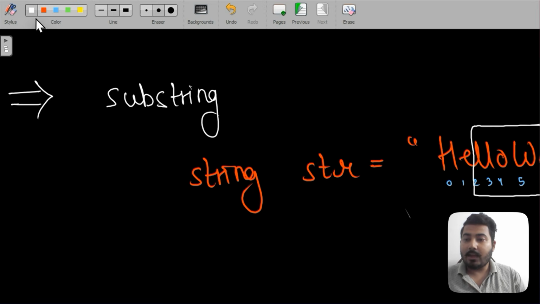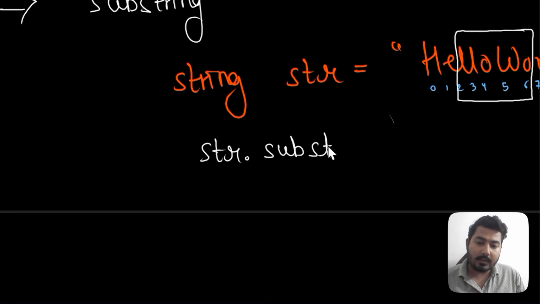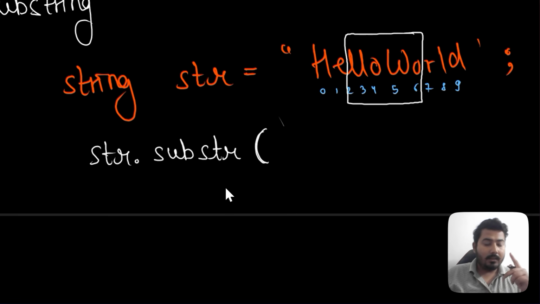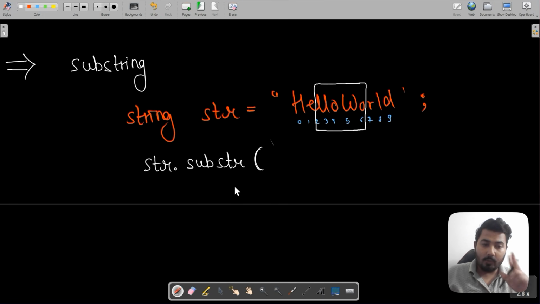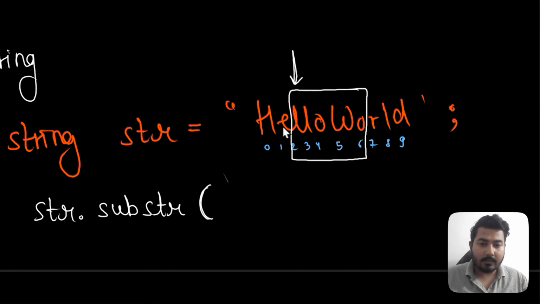What I will do is use the inbuilt function substring. How do I do that? str dot substr, which is short for substring. Inside the parentheses you will provide two parameters. The first one is the starting index of your substring. I want the starting index to be this one, which is 2.